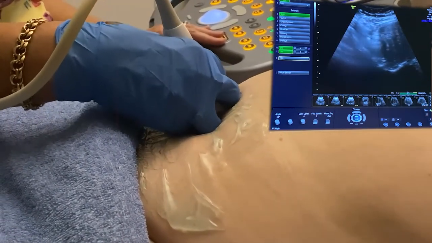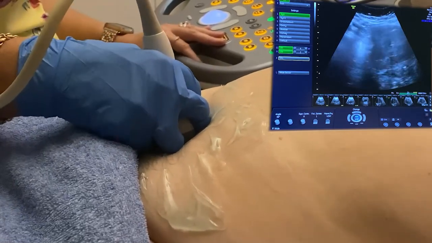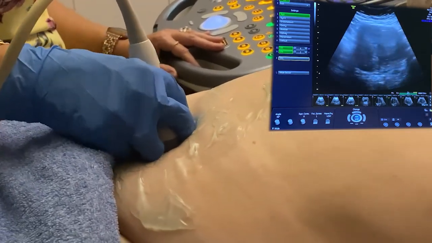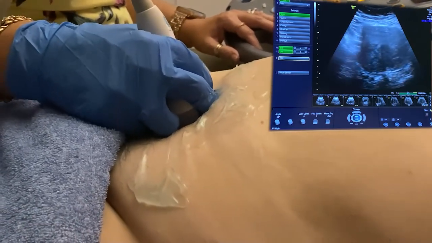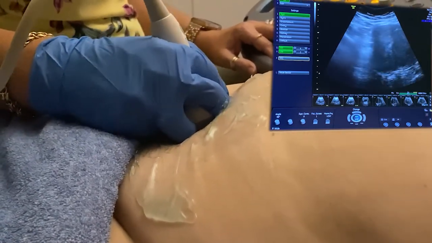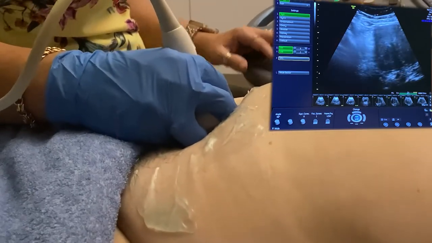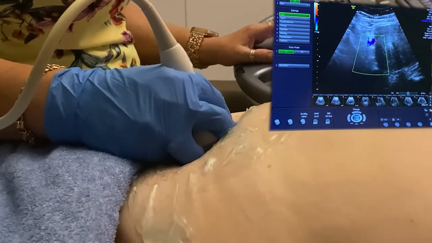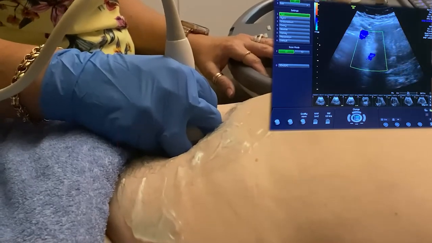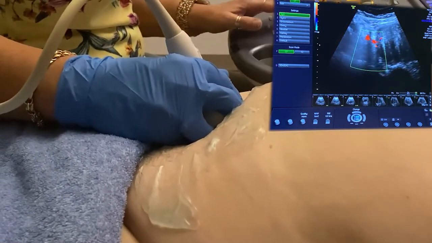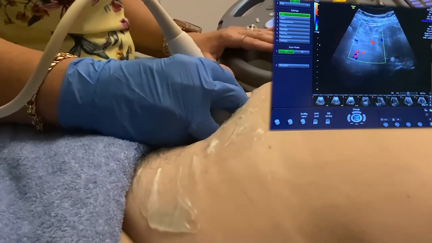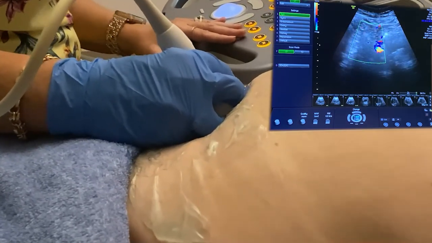And now I'm sweeping my transducer in the transverse plane because it's the only way that I can globally see the uterus and the adnexa. We're going to look for her iliac vessels, and you can use color to augment this to help you out in the search. Whatever you're going to call ovary needs to be between the lateral uterine wall and the iliac arteries.